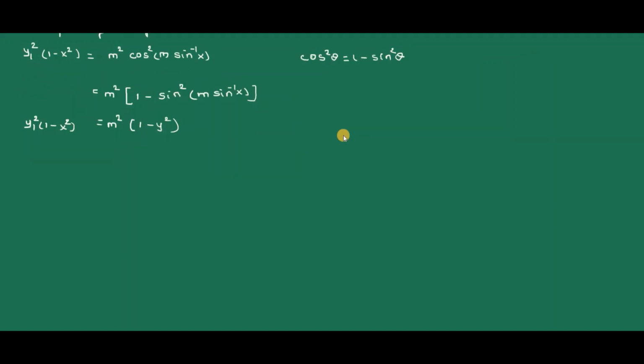Now differentiating again. y1 square write as it is. What is the differentiation of 1 minus x square? It is minus 2x.